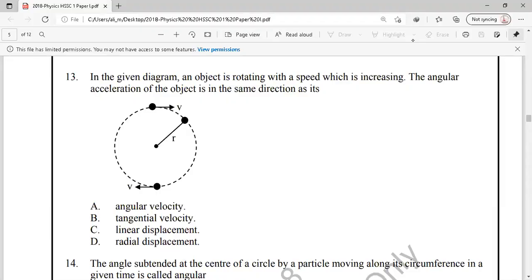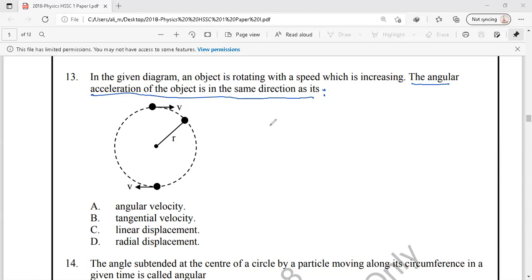Let's come to our question number 13. In the given diagram, an object is rotating with a speed which is increasing. An object is moving in a circular path and its speed is increasing. The angular acceleration of the object is in the same direction as which quantity?